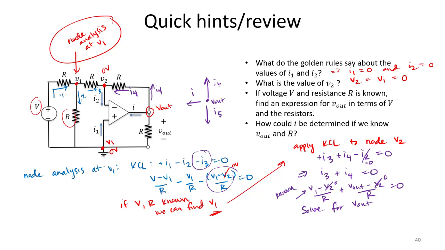So to find current I, we can just use Kirchhoff's current law. And we know what V out is. So if we know what V out is, we can find I4 and I5, and solve for I1.